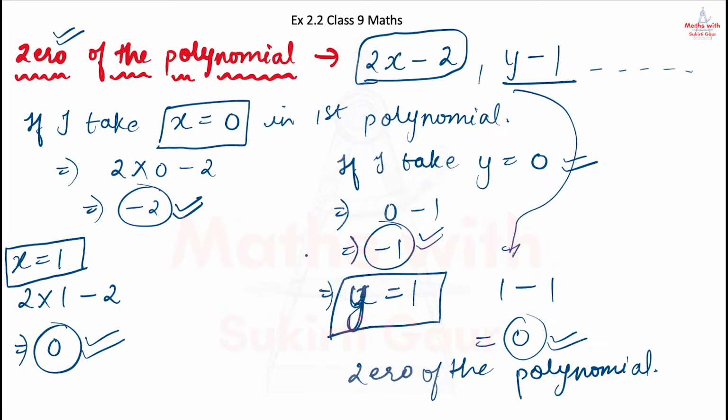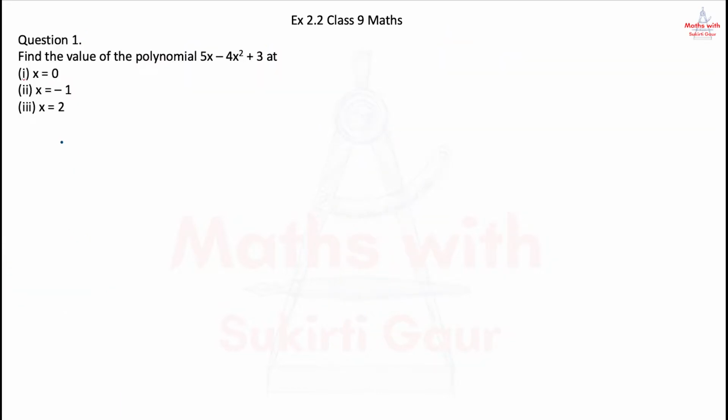Let us start with the first question of exercise 2.2. So this is question number 1. Let's read it. Find the value of the polynomial 5x minus 4x square plus 3 at these 3 different values. Okay, starting with part 1, let us write the polynomial first, plus 3.